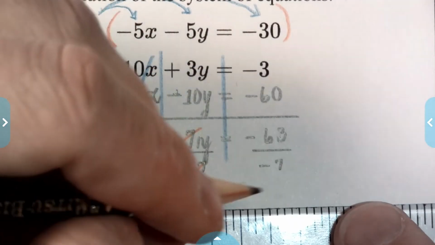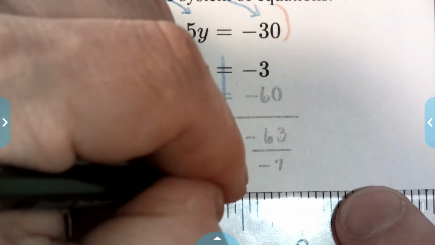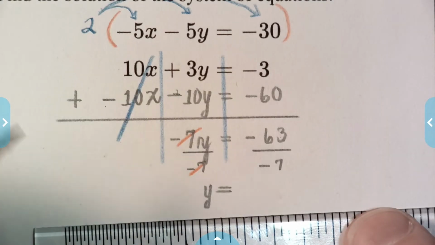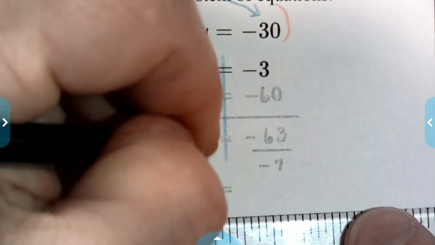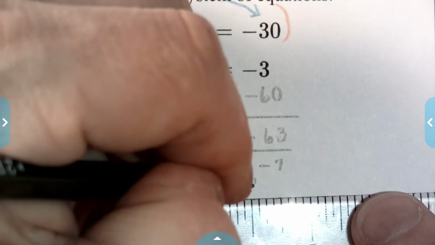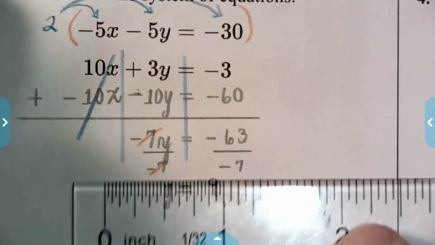So y equals, we've just found the y value is negative 63 divided by negative 7. So negative divided by negative is a positive. 63 divided by 7 is 9. So negative 63 divided by negative 7 is positive 9. Okay, so I just found half my solution, right?